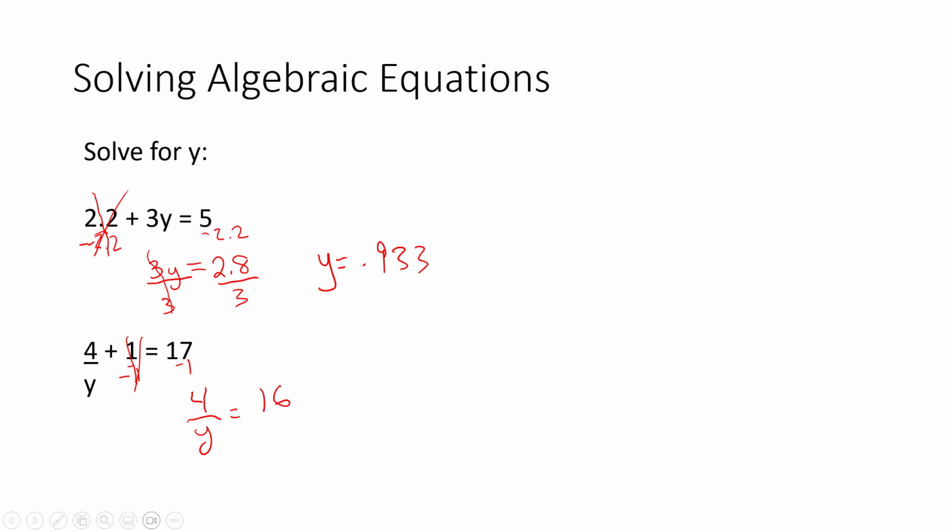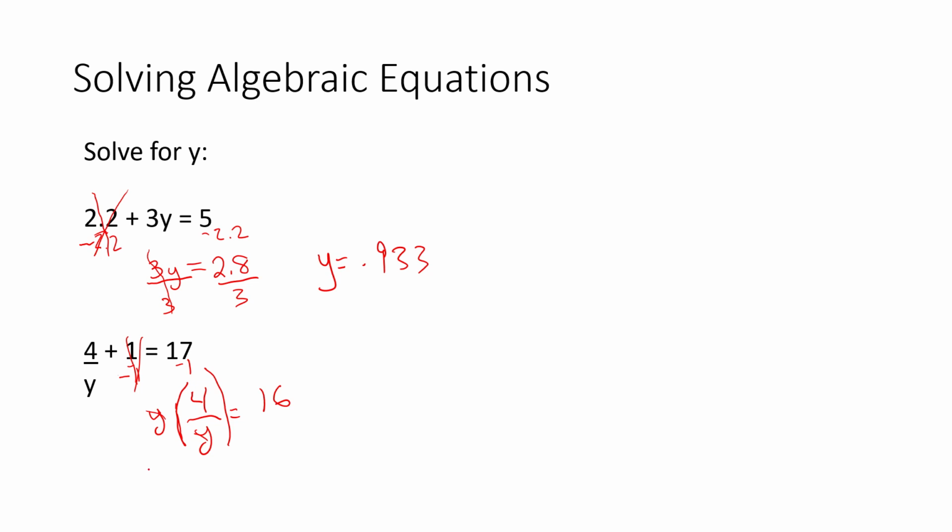So now I want to isolate the y. There are a couple different ways that I can solve this. I can set 16 over 1 and cross multiply, or I can just move the y over to the other side by multiplying by y. So I'm going to do it that way. First I'm going to take this side and multiply it by y, and when I do that, it cancels out this y.